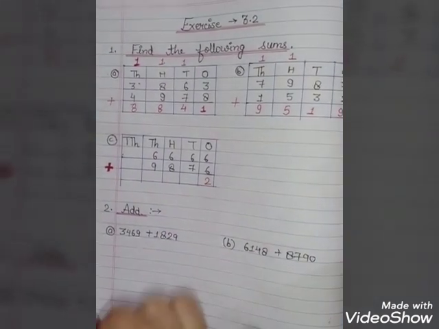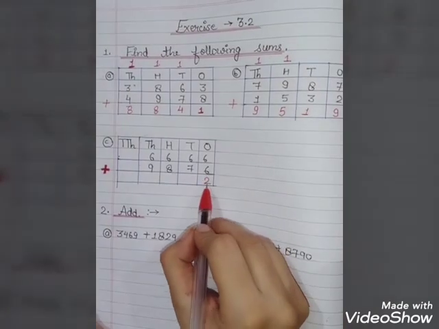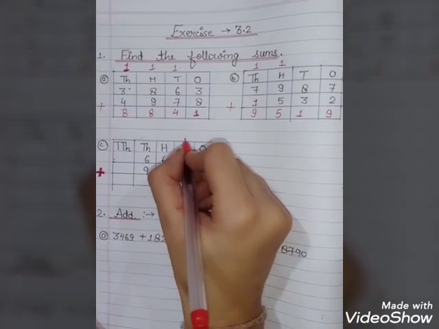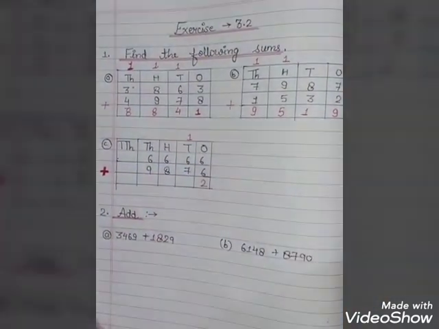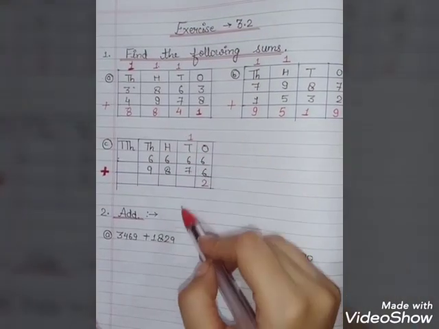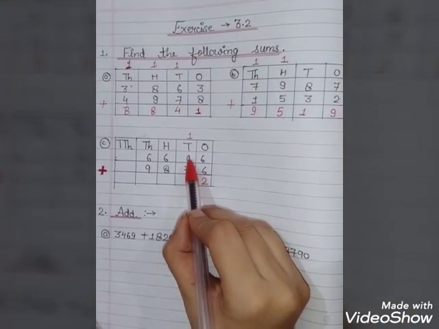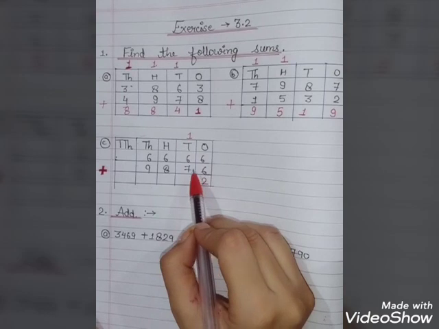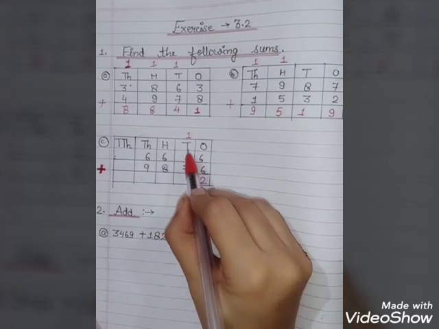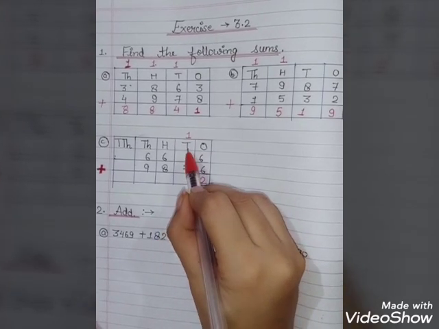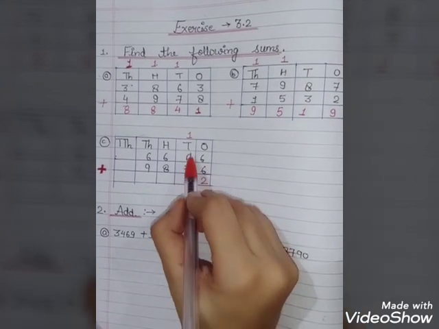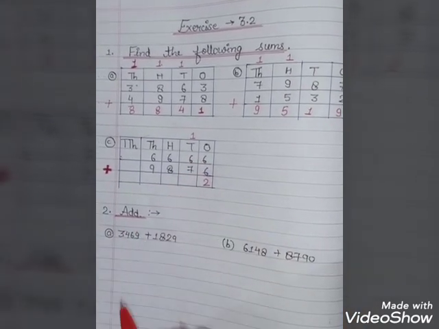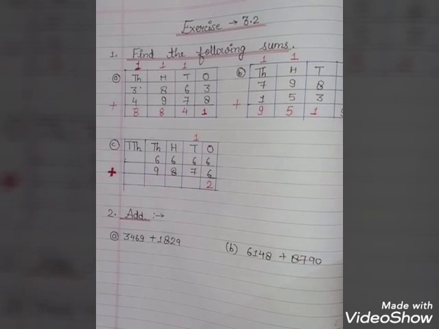So 12 is a 2-digit number, so we write 2 here and 1 is carried over. Now we have to add the tens place digits. 6 is in the tens place and 7 is also in the tens place. So we add 6 plus 7, and we find 13 as the answer.